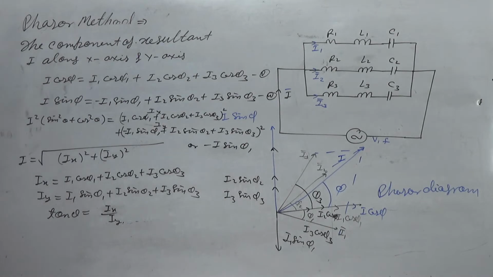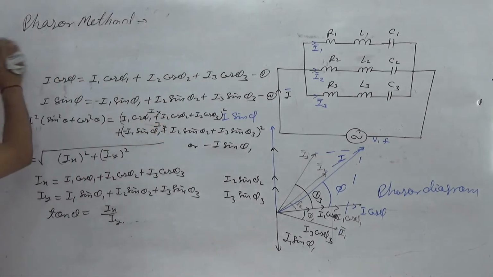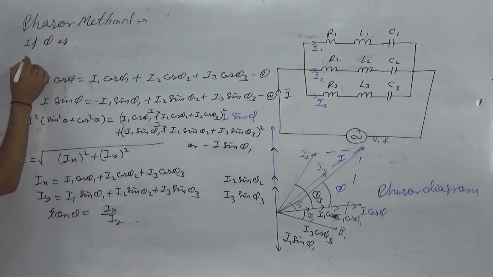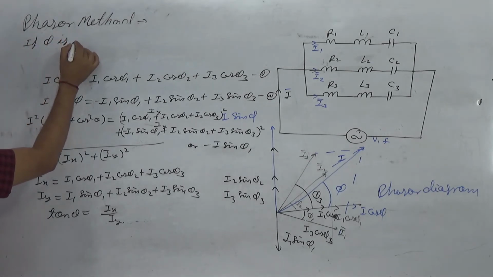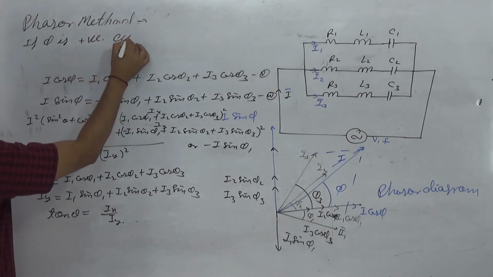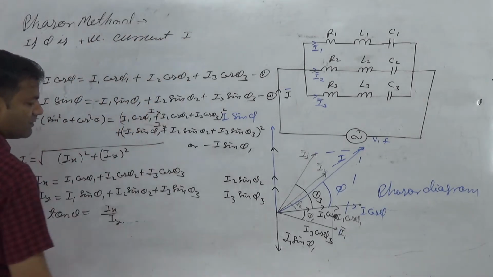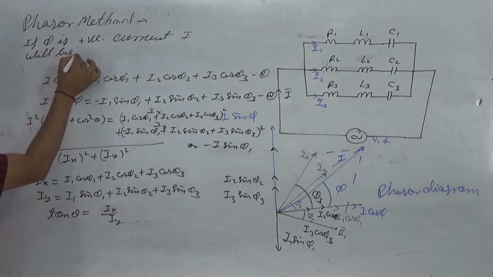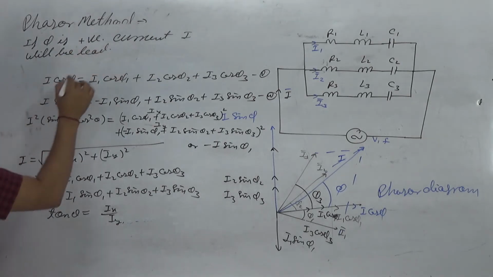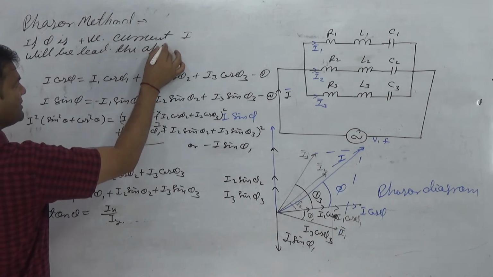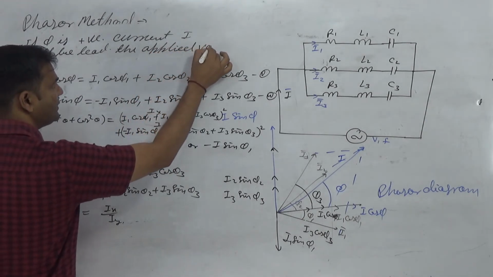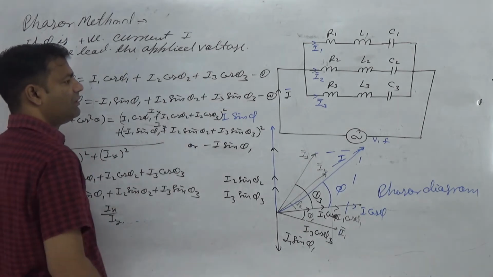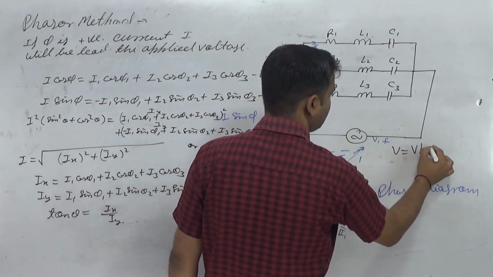You can write now: if phi is positive, the current I, meaning the resultant, will lead the applied voltage, because V is taken as the reference, V at the angle 0.